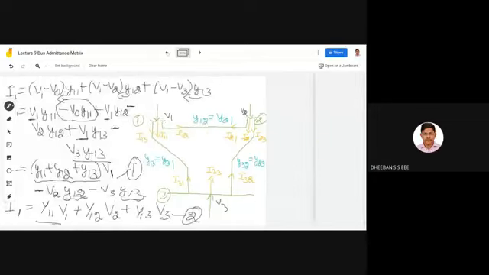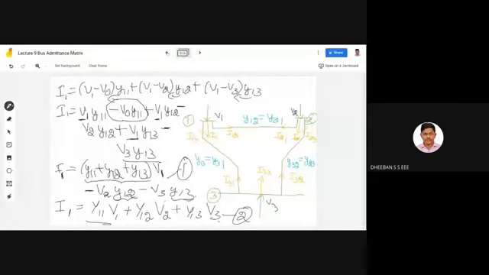Based upon this only, the second equation comes out. So for the second equation, y11 plus y12 plus y13 corresponds to capital Y11, and here small y12 corresponds to capital Y12, and small y13 corresponds to capital Y13.